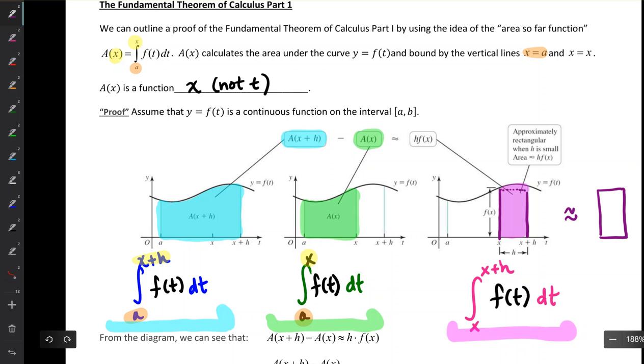For a very small h, they are essentially the same. What is the height of this rectangle? It's f of x. And the base of this rectangle is h.